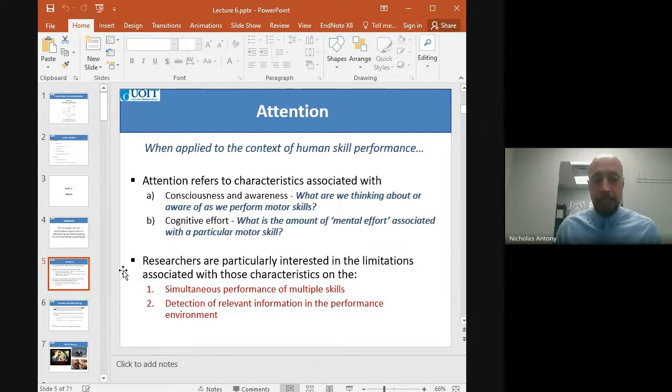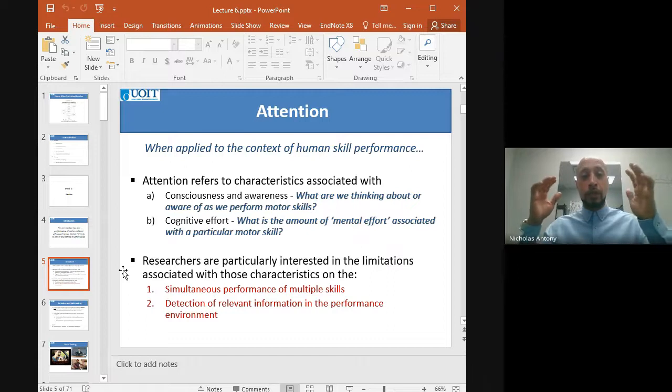This means that when we are talking about attention as it is applied to skill performance, we're talking about two different aspects. When we're talking about what someone is attending to while they're performing a motor skill, we could be talking about what they're paying attention to in their head.